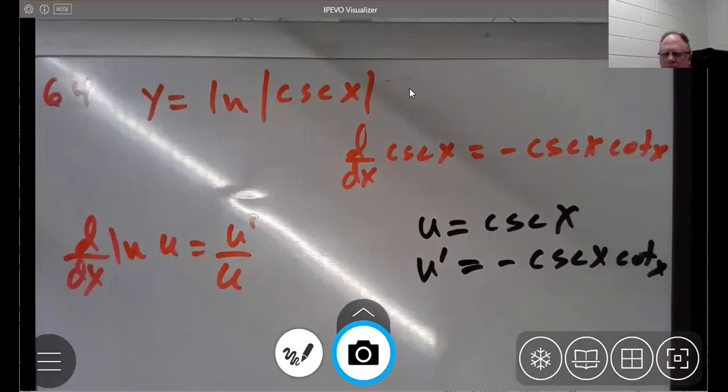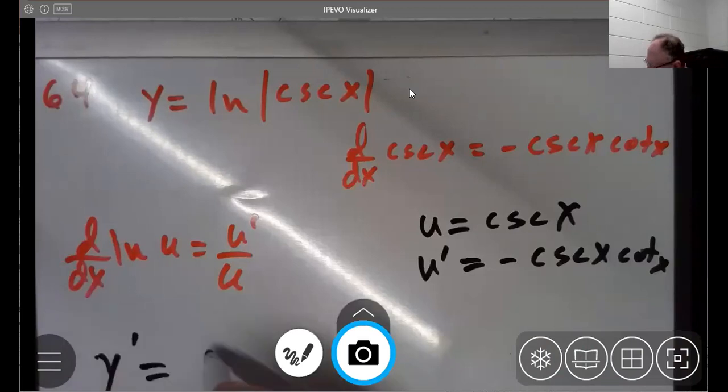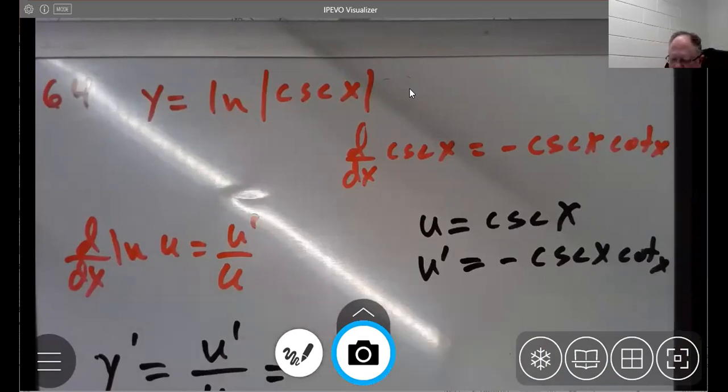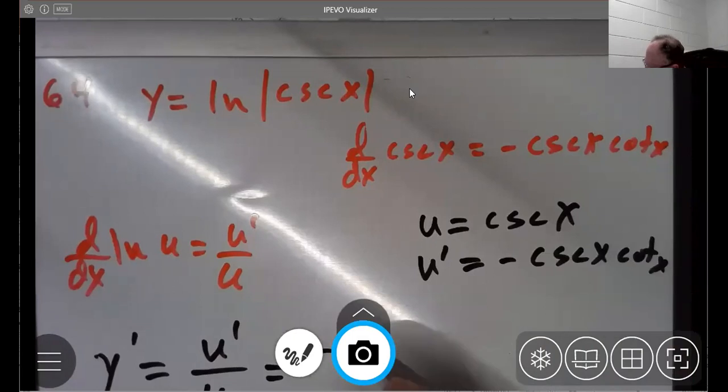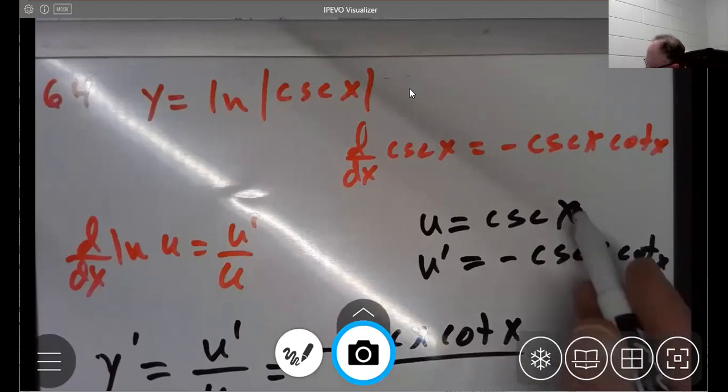So when we apply the derivative for y prime, we get u prime over u, which is negative cosecant x cotangent x over cosecant x.